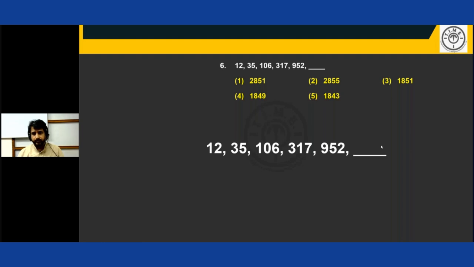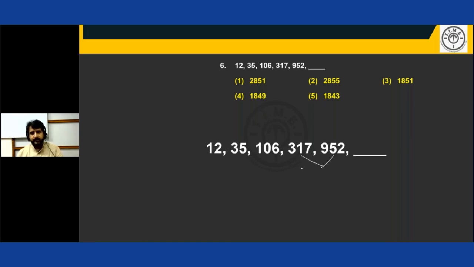Yes, Minu Pierce, your answer is absolutely right. 2855. Right. Now let's check the numbers. 370, 952. By seeing these numbers, you can say that the numbers are increasing rapidly. So we need to apply the product.